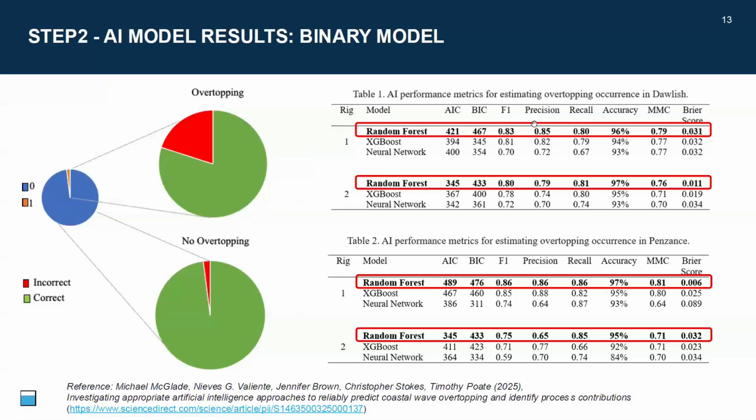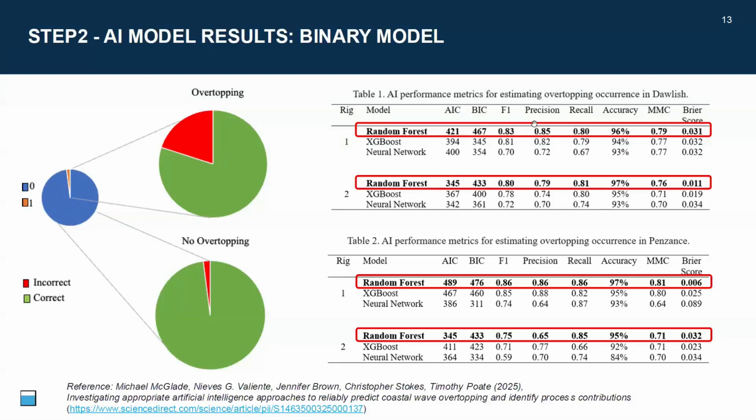Here, we have our metrics for estimating overtopping occurrence in Dawlish. As you could see, random forest outperformed the XGBoost and neural network because it has an F1 metric value close to 1, which means it was good at the prediction.